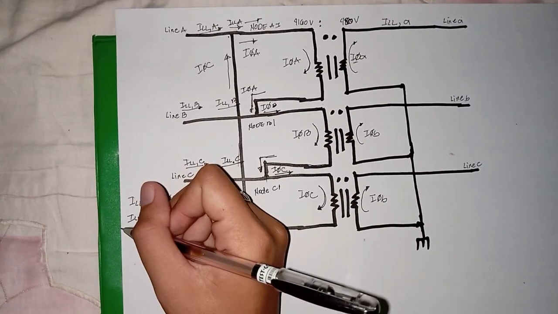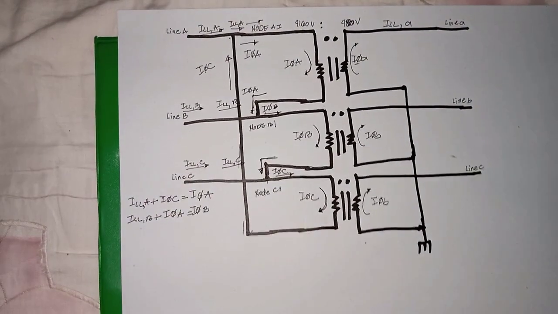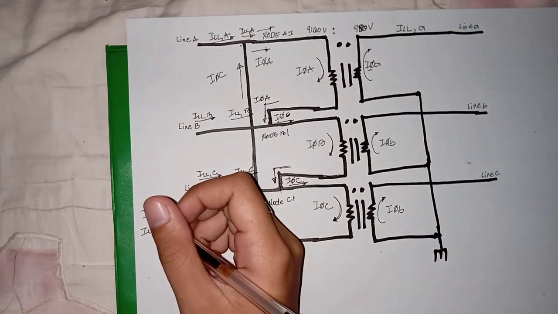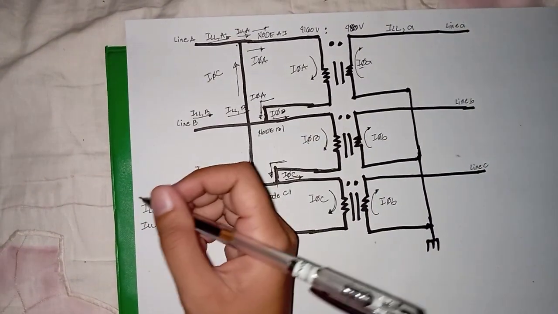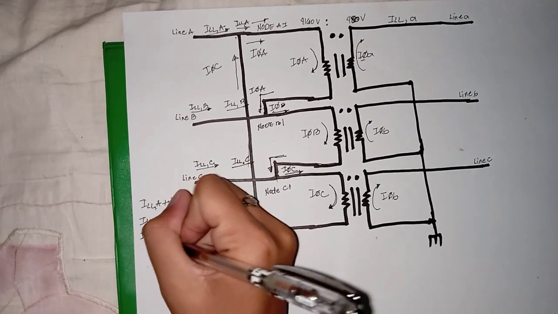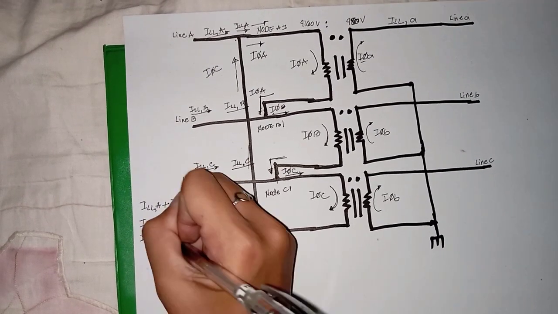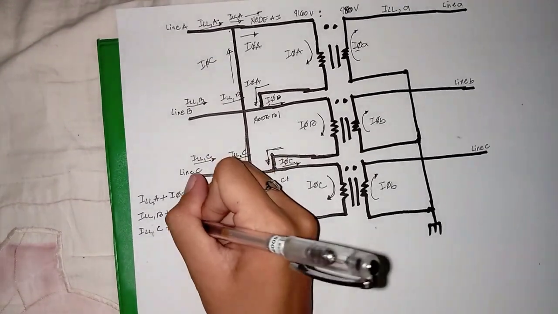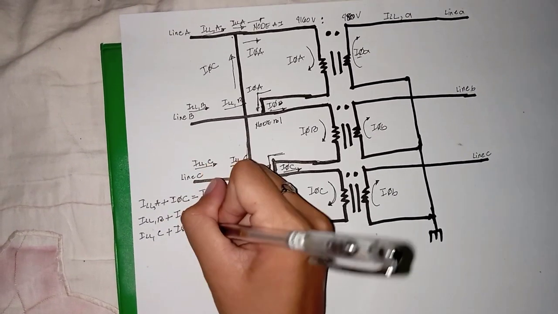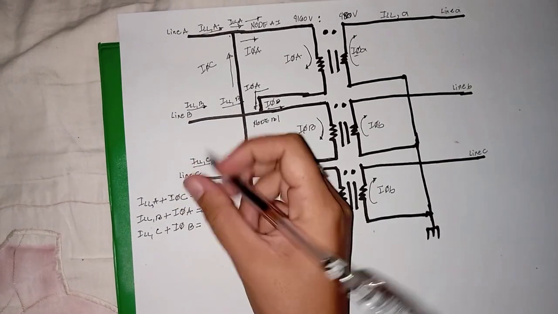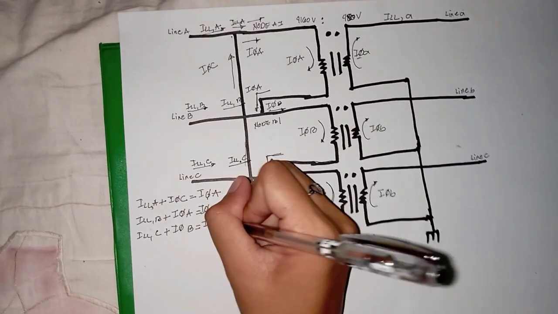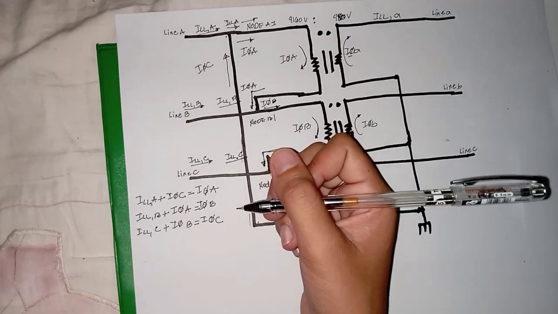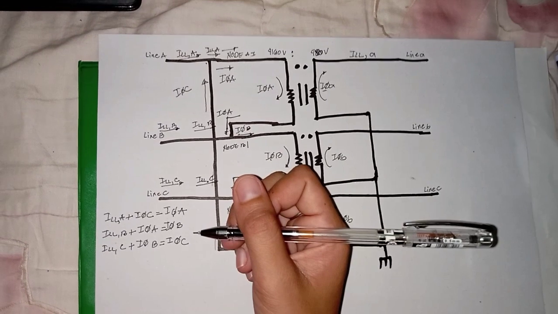So lastly, for node C1, line current C plus phase current B is equal to phase current C. Line current C and phase current B are flowing into node C1.